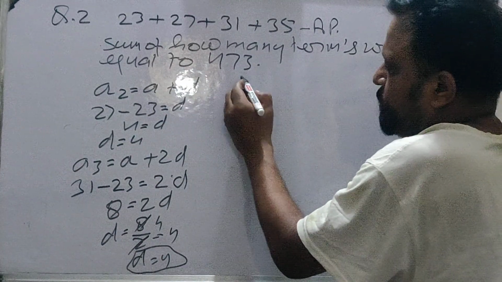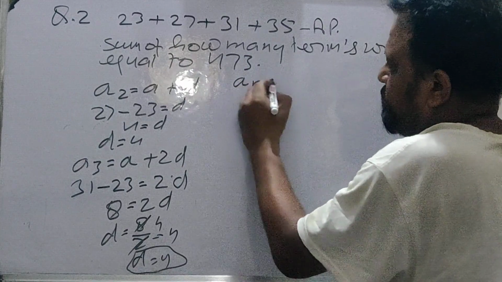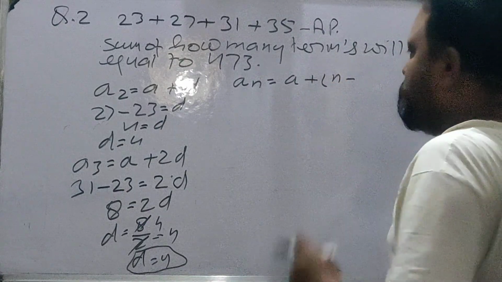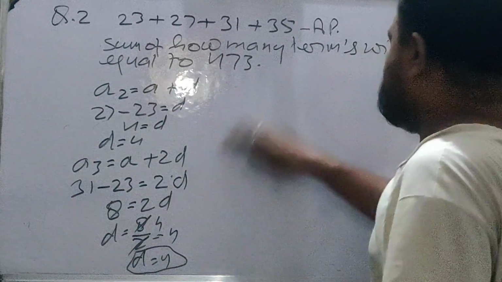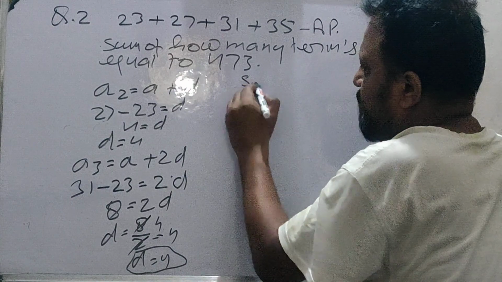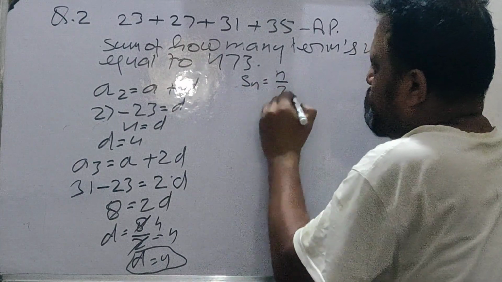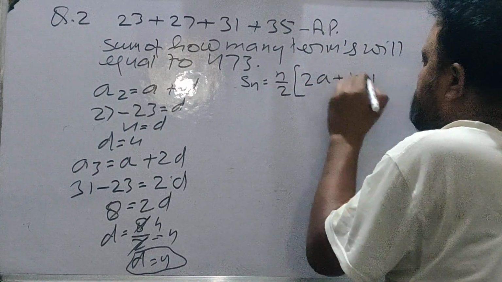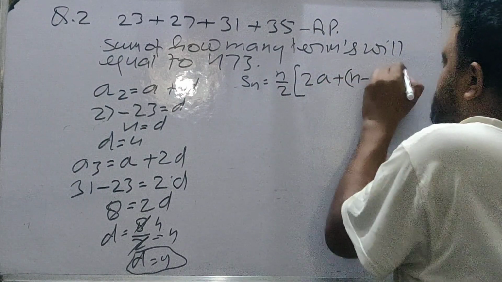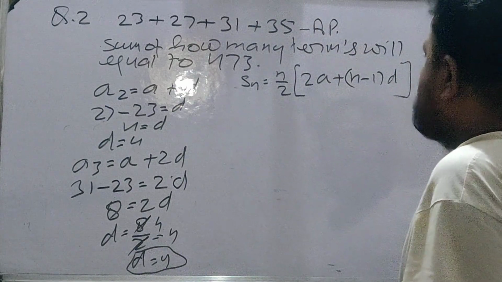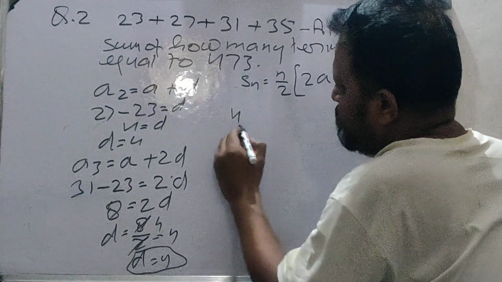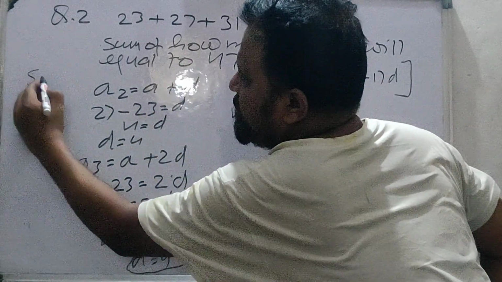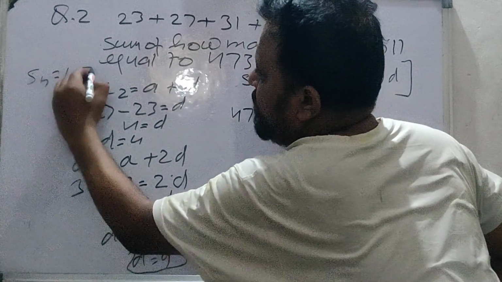Now Sn is equal to n by 2 bracket 2A plus (n minus 1) into D. The sum Sn is given to us as 473.